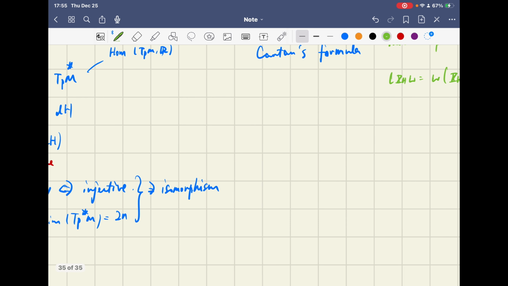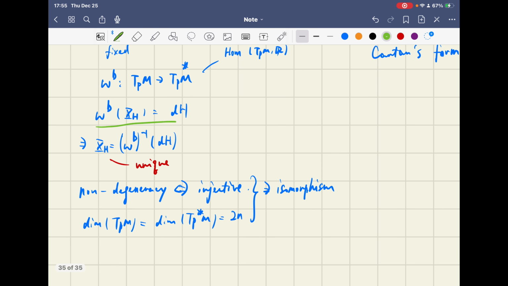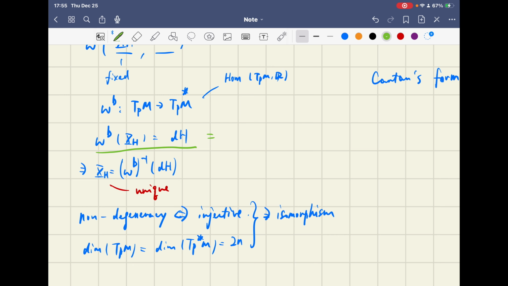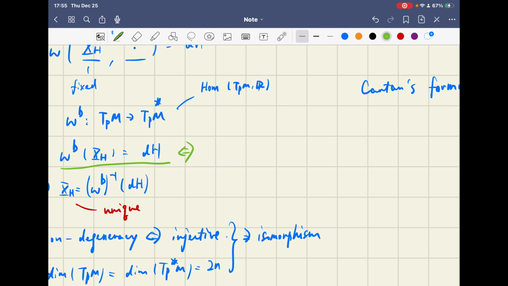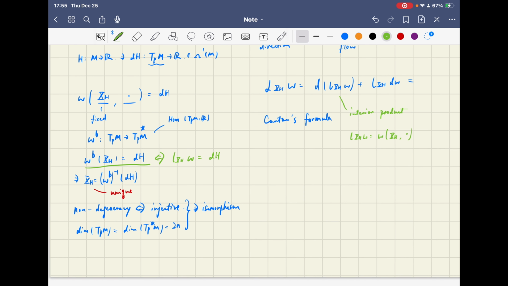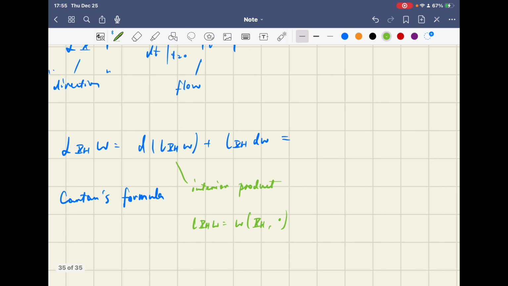So we can rewrite this equation without needing to define a new thing called omega flat. Instead, we can rewrite it as iota X_H omega equals dH. All right, let's expand it and see what we get.